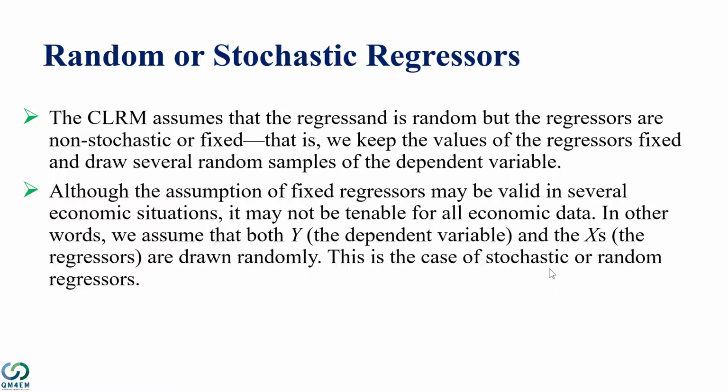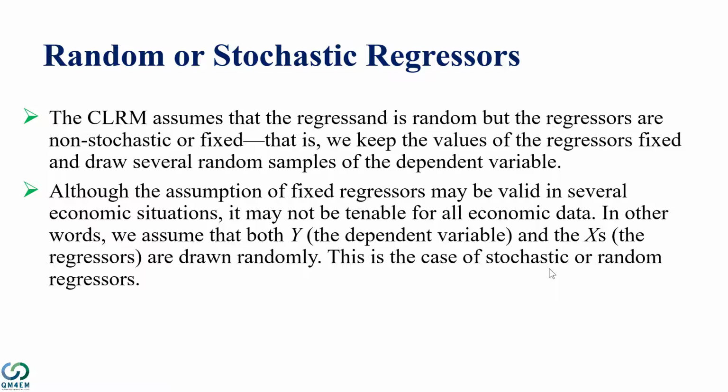Given that the consequences of the x variable being random are not so severe for OLS estimation, we are not too worried about this phenomenon. The bottom line is that although x variables are assumed to be fixed while the y variable is assumed to be random, in practice we have both x and y being random most of the time, and it has no major consequences for the OLS estimator, so we can just live with this violation.